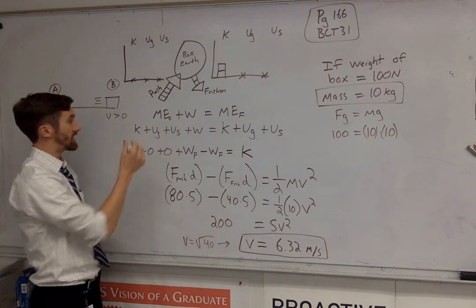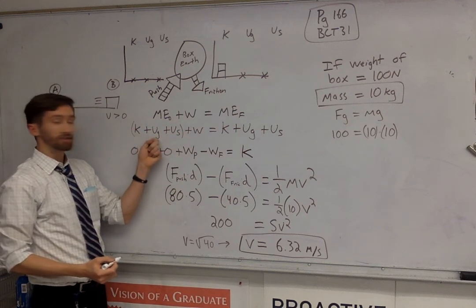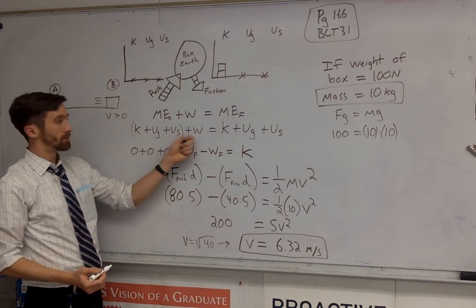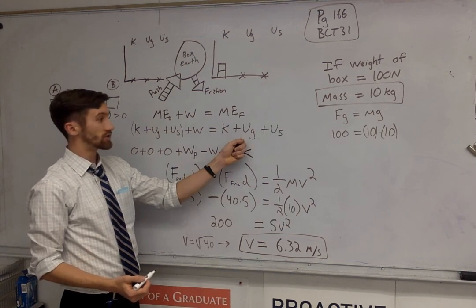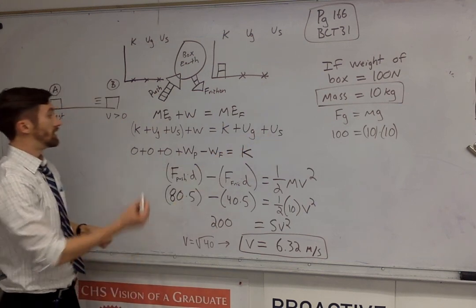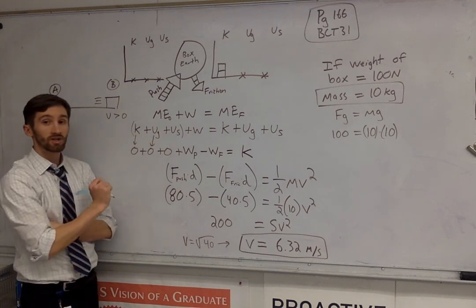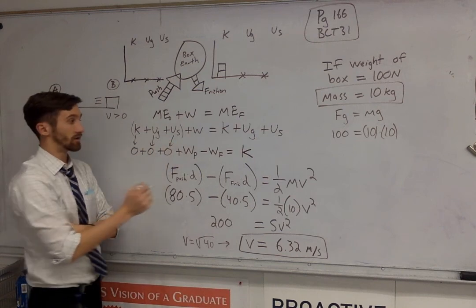Mechanical energy breaks down into 3 types: kinetic plus gravitational potential plus spring potential plus the work equals the kinetic plus the gravitational potential plus the spring potential at the end. The kinetic at the beginning is 0, the gravitational potential at the beginning is 0, the spring potential at the beginning is 0.